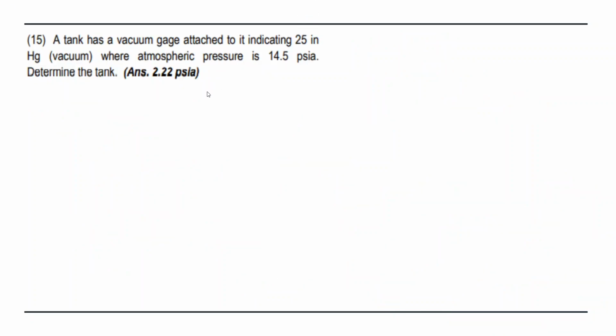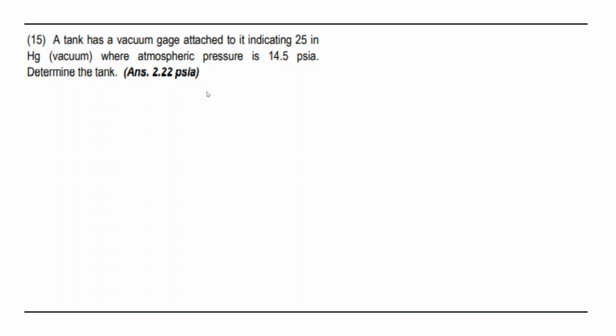Number 15, a tank has a vacuum gauge attached to it indicating 25 inches of mercury vacuum, where atmospheric pressure is 14.5 psi. Determine the absolute pressure in the tank.